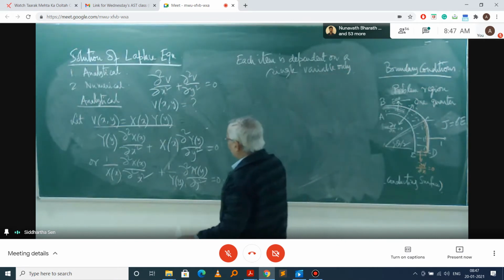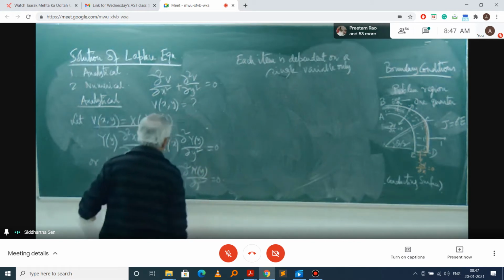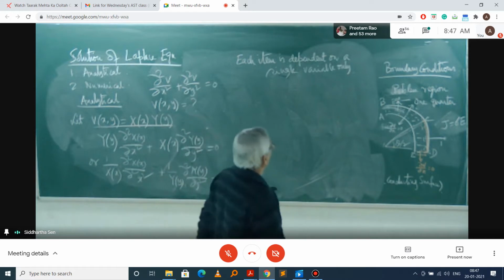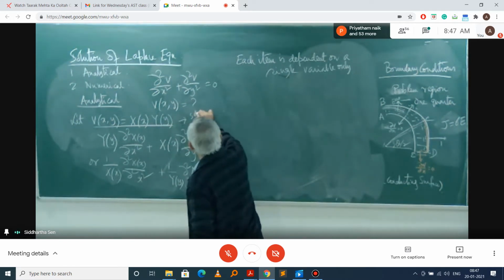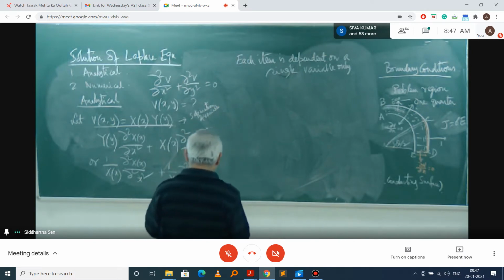So somehow you can look for the solution of this one and the solution of this one. This is what we call separation of variables. So what we are doing is by separation of variables.